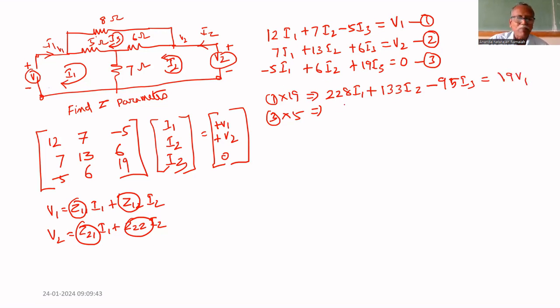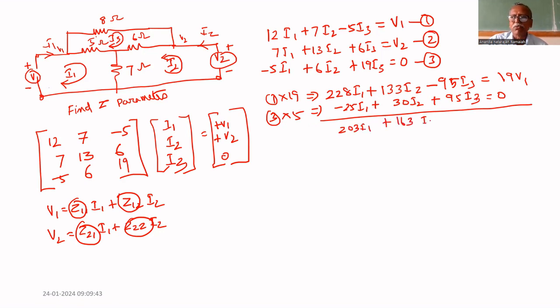Third equation, if you multiply by 5, you will get minus 25 I1 plus 30 I2 plus 95 I3 equal to 0. If you add these two together, what you will get is 203 I1 plus 163 I2 equal to 19 V1.